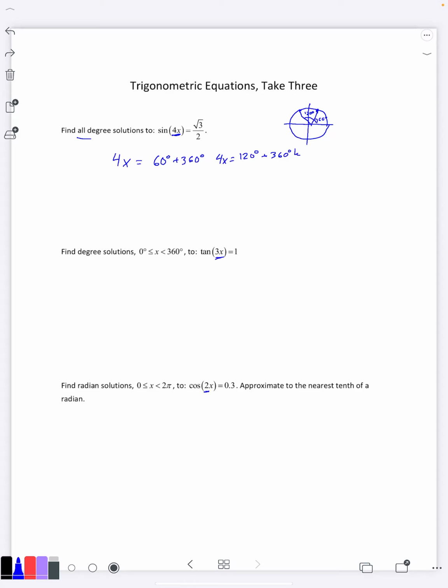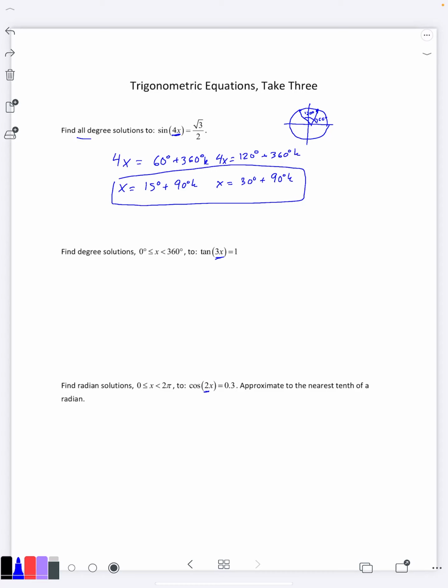Then we divide by 4. 60 divided by 4 is 15, and 360k divided by 4 is 90 degrees k. Over here, 120 over 4 is 30, and 360k is also 90k. So your full answers are 15 plus 90 degrees k, and 30 degrees plus 90 degrees k.